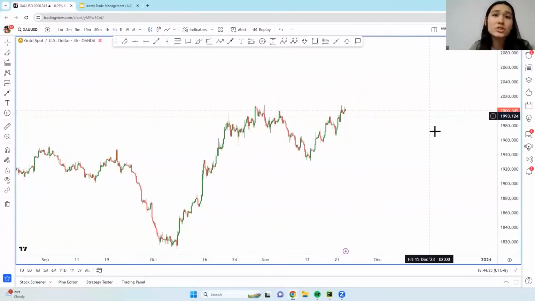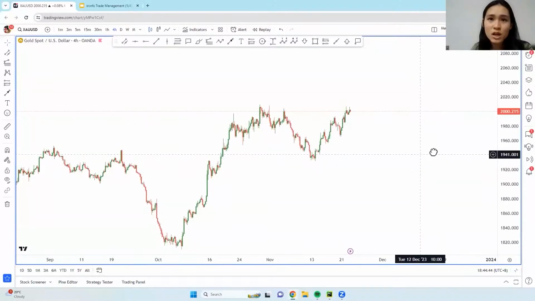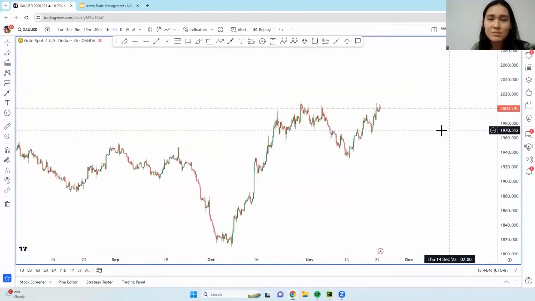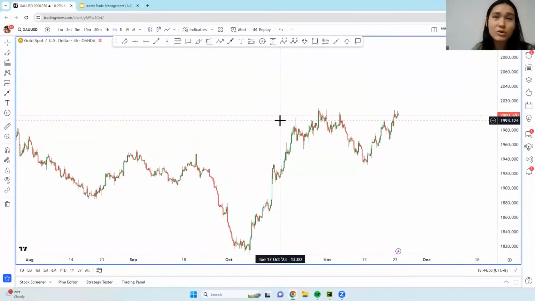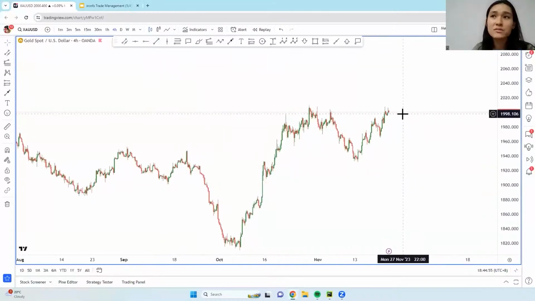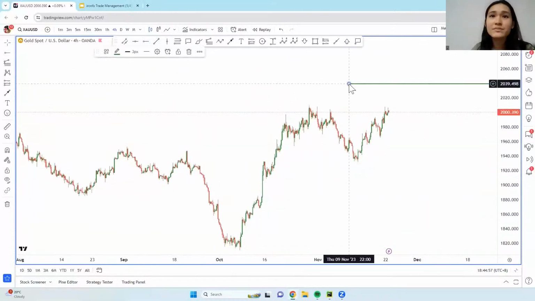Just follow the trends unless you're using an indicator and it tells you that there is going to be a reversal in trend. Then of course you can follow the opposite of the trend in that situation.